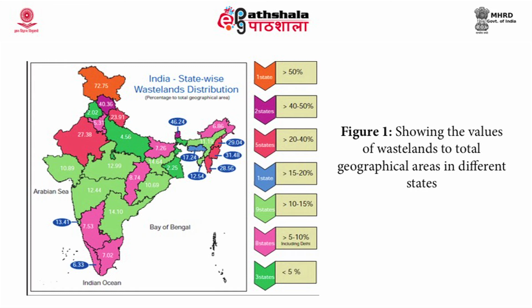Two states have percentage between 40 to 50%, 5 between 20 to 40. One state has wasteland area greater than 15 to 20%, and subsequently we can see states with more than 10 to 15%, 5 to 10% and less than 5%.